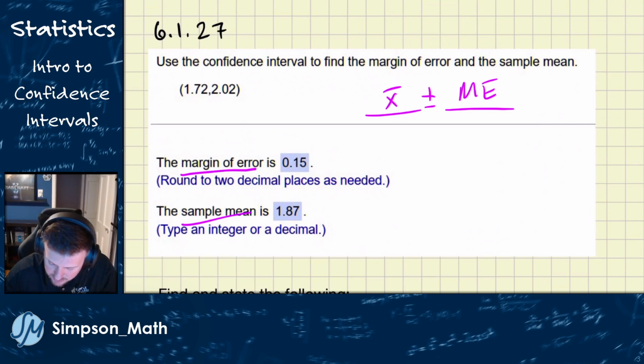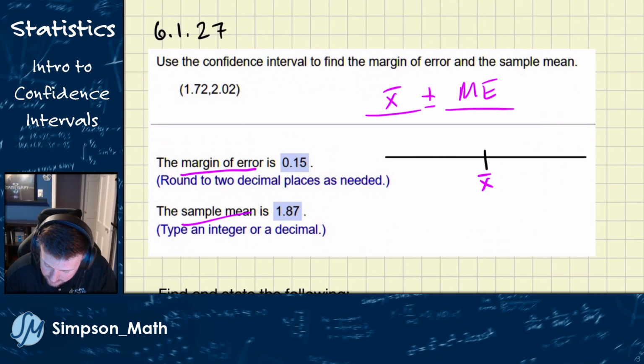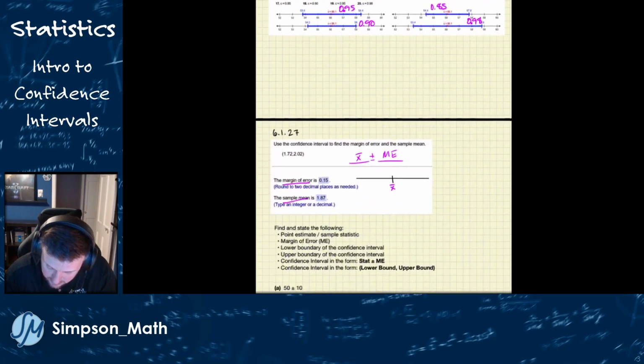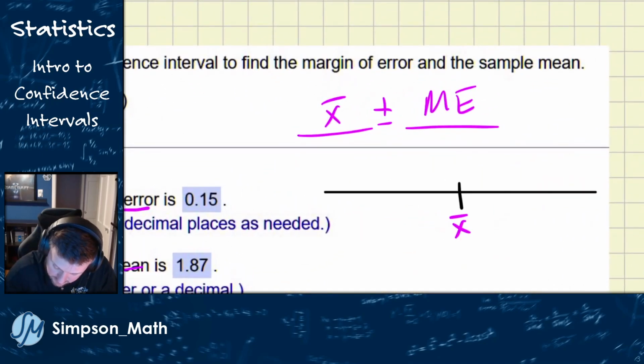So I'm going to draw a number line just to help us visualize this. I have some number in the middle. That's going to be my X bar. Let's do green for my X bar, and my margin of error is going to be this blue.